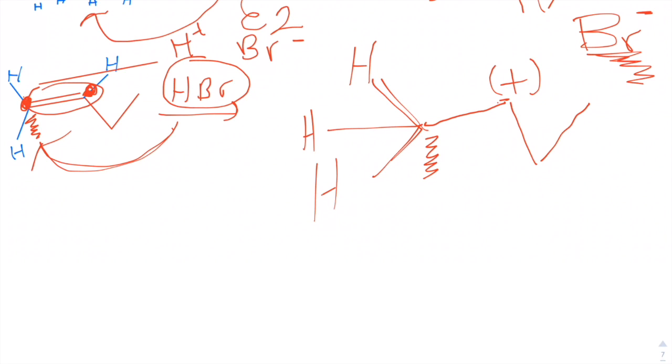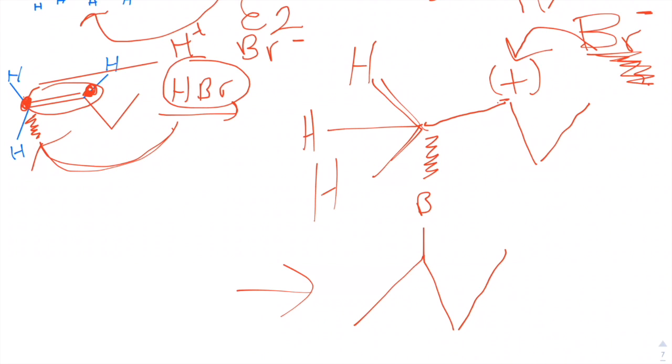This bromine negative and this positive will interact. As we know, opposites attract, so the bromine will be attracted and added onto the carbocation seen here, in which the structure that results will look something like this, with the bromine attached here.